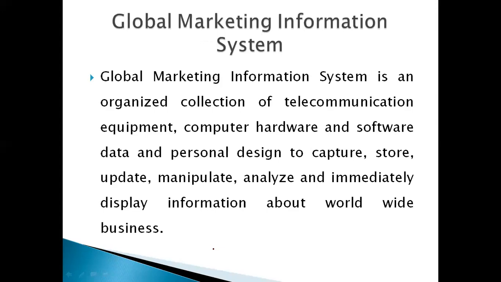So all these people will come in the frame of the marketing information system when we are talking about the global perspective. So global marketing information system is an organized collection of telecommunication equipment, computer hardware and software, data and personnel designed to capture, store, update, manipulate, analyze and immediately display information about worldwide business. Same thing they are saying.